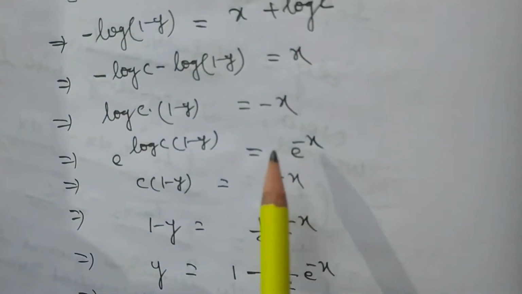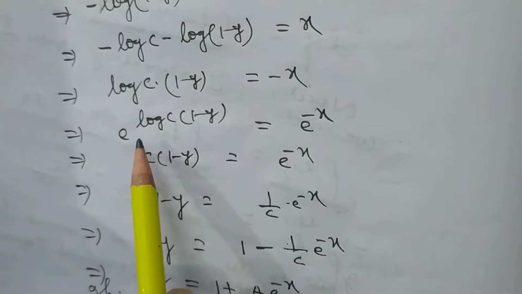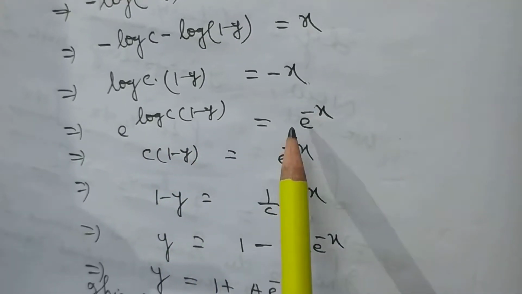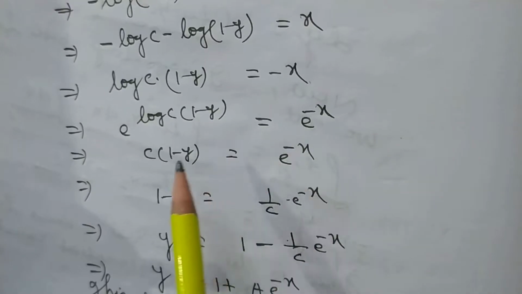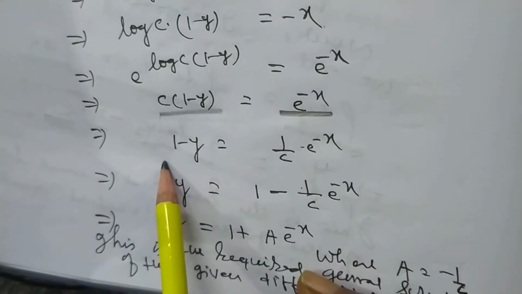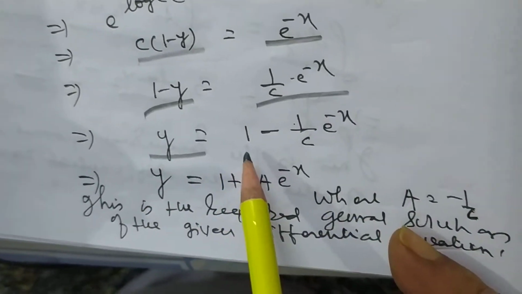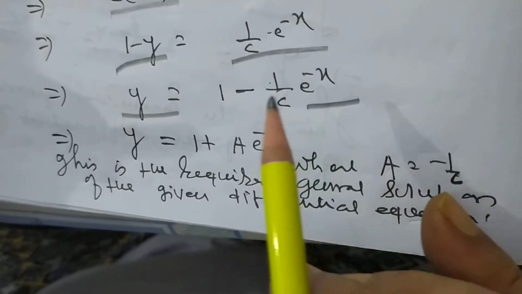Taking exponentials on both sides, e to the power log c(1 - y) is equal to e to the power -x. c(1 - y) = e^(-x). 1 - y = (1/c) e^(-x). So y = 1 - (1/c) e^(-x).